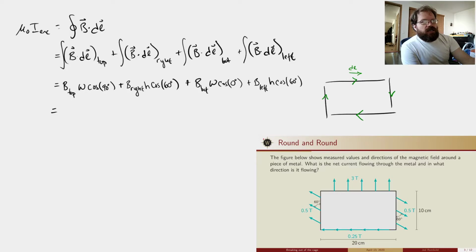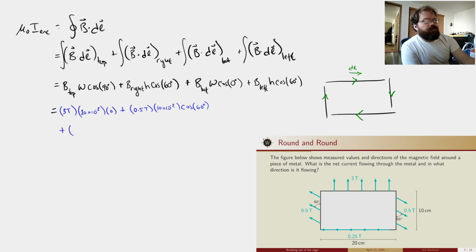So just by example here, B top we said is, hopefully I can read these, 3 Teslas. Our width was 20 centimeters, so that's 20 times 10 to the negative 2. Cosine of 90 is, of course, just 0, so I guess that didn't really matter. On the right side, we have 0.5 Tesla. Our height over there is 10 centimeters, 10 times 10 to the negative 2, and cosine of 60. I'm just going to keep writing these down here so we have space.